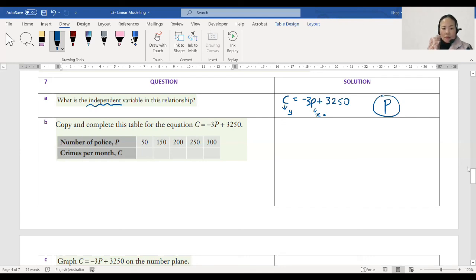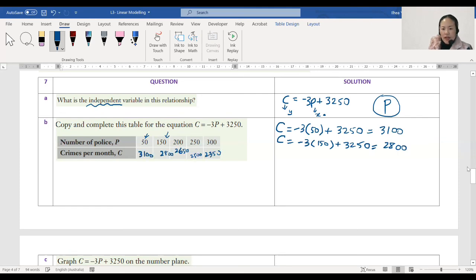Now, copy and complete this table for the equation. This is something that we've done before. What I'm going to do is write out this equation using these P values. So I'm just going to write it here, 3,100. You probably need to do the rest by yourself, finishing off. Now have a look at this.